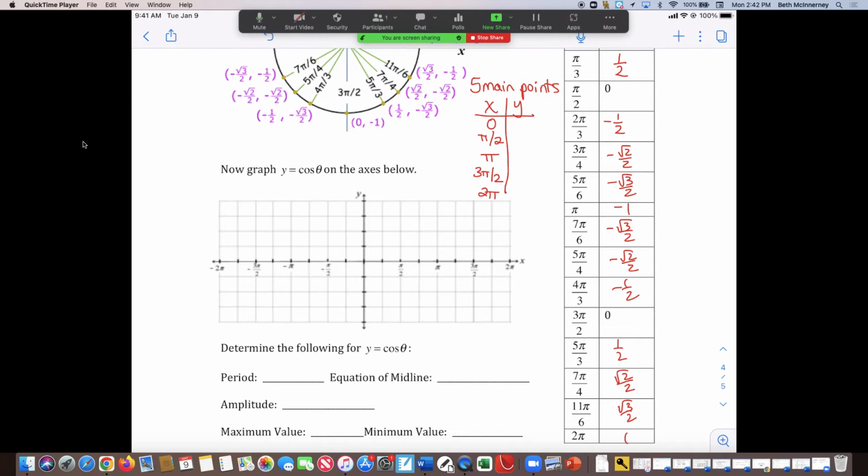Well, then I'm just going to look either at my unit circle or this table of values: 0, 1; pi over 2, 0; pi, negative 1; 3 pi over 2, 0; and 2 pi, 1.